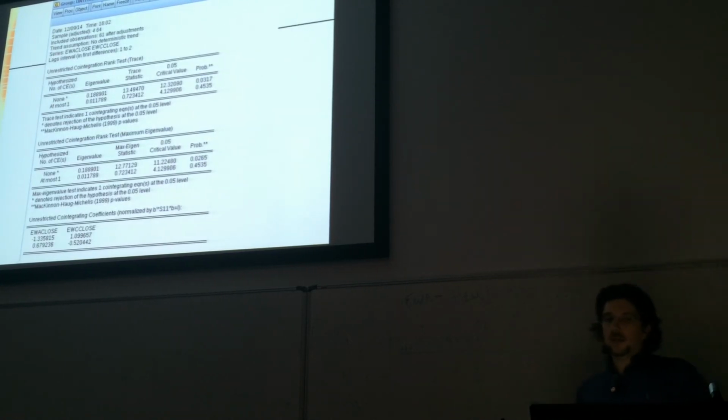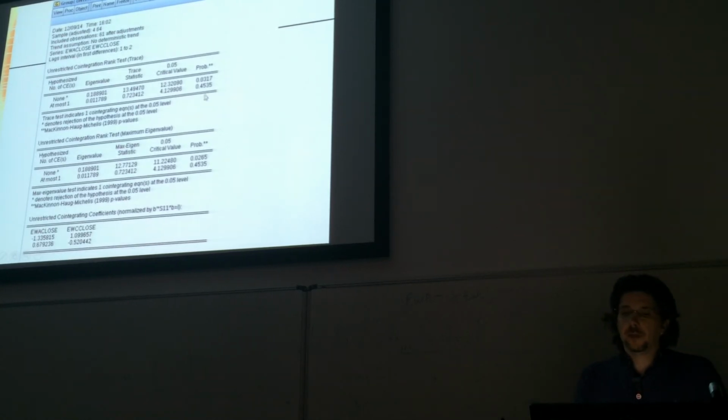Okay, so the main thing here is how do you interpret whether or not something is co-integrated using this test if you're doing it yourself. And what this is basically saying is that you've got a null hypothesis that there's no co-integrating relationship, the none one here, okay?